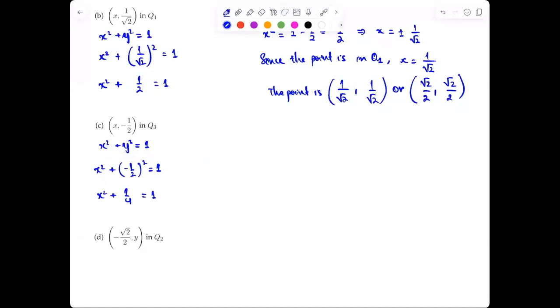Then you can solve for x squared, that is x squared equal to 1 minus 1/4, which is 3 over 4. Therefore, when you solve for x, you get plus and minus square root of 3 over 4, or plus and minus root 3 over root 4. Root 4 is equal to 2.